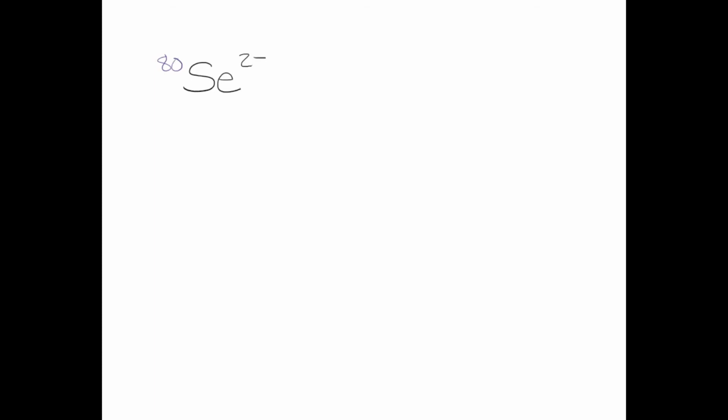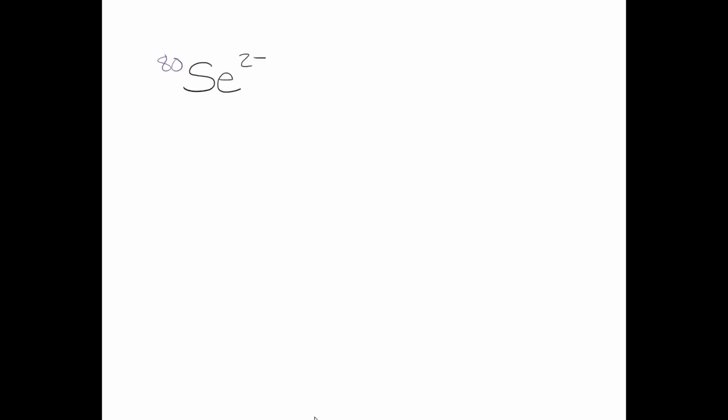Here, our isotope is an ion, which we can recognize from the charge shown as a superscript on the right. Determining the protons and neutrons follows the same process for an ion as it does for a neutral atom. It's only the number of electrons that will change, and we'll talk about those details in a little bit. The mass number A equals 80.